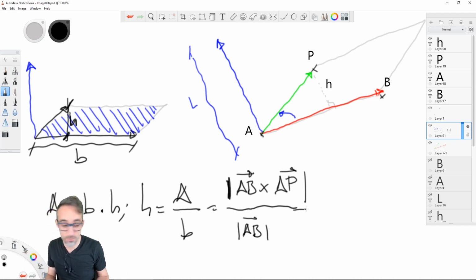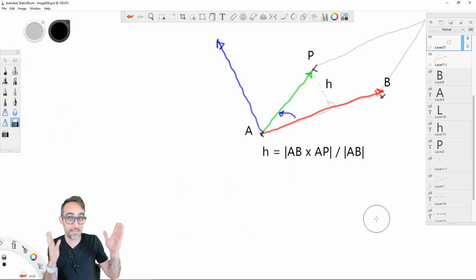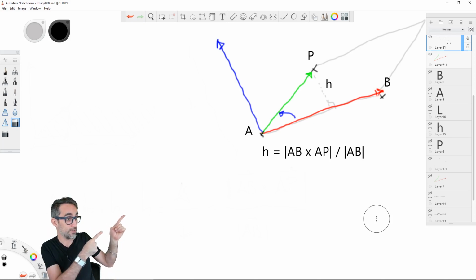So let me rewrite this in a way that looks a little bit better for the sake of the diagram. Give me a second. Exactly. And this is what I wanted to get to.